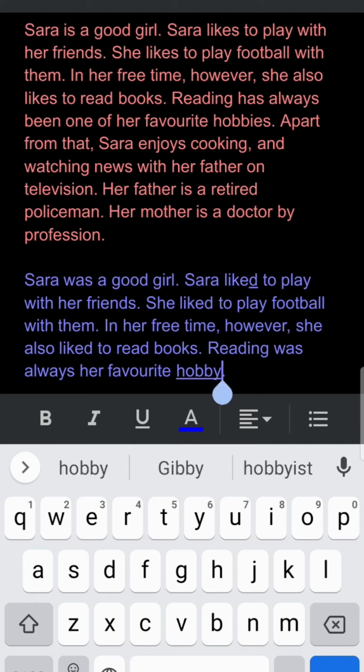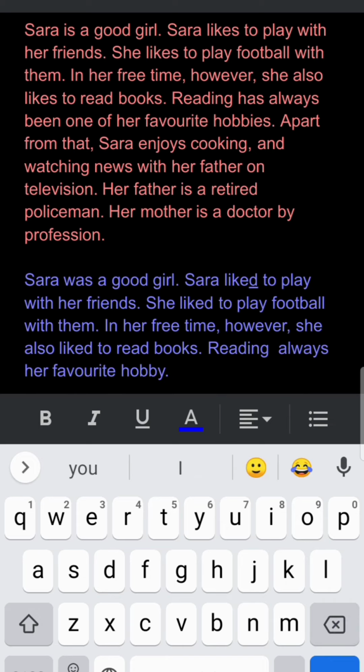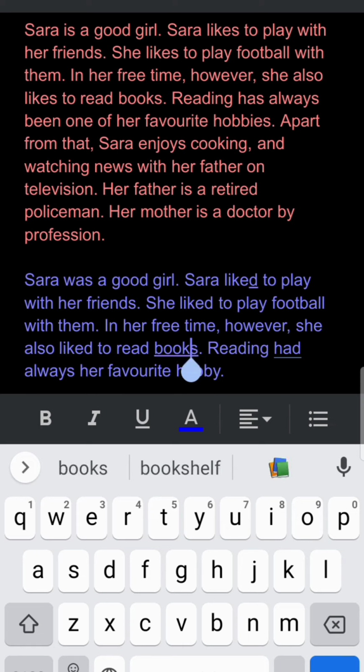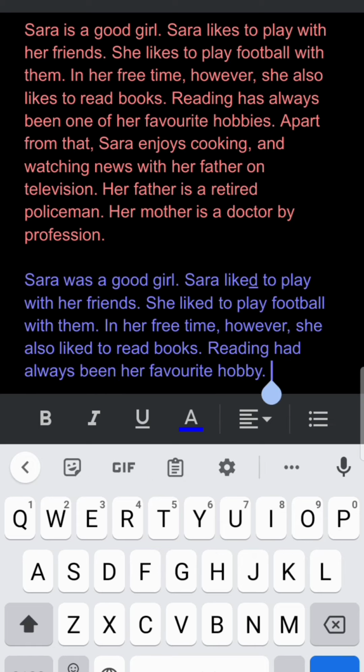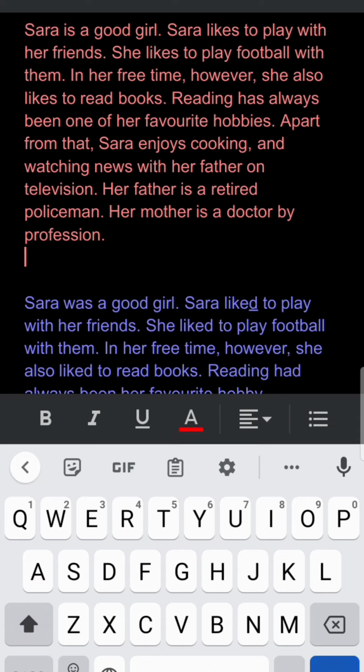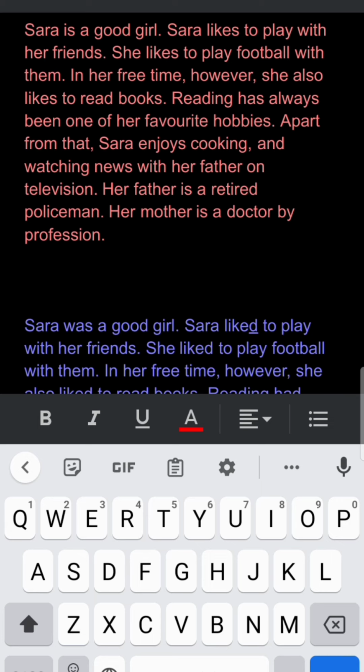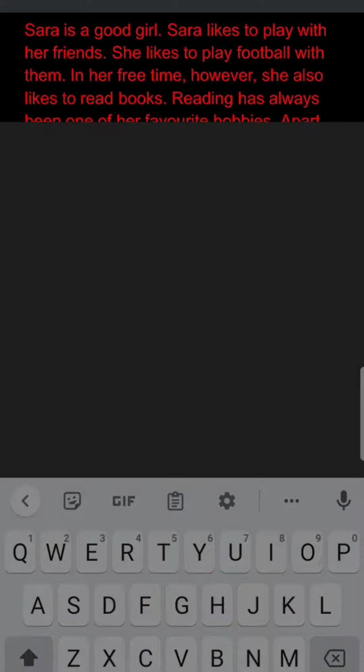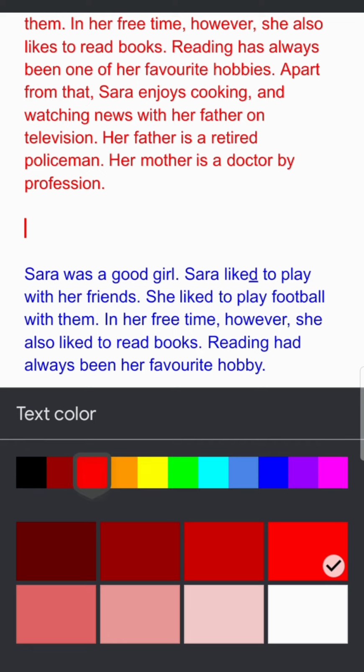Okay, reading had always been her favorite hobby. Sorry, the has changes to had and the is changes to was. So we'll be mentioning this point.